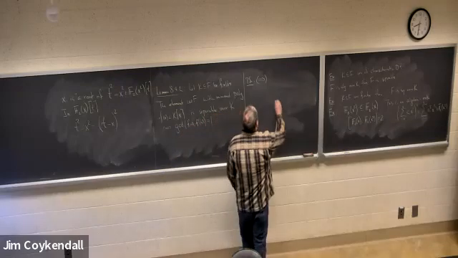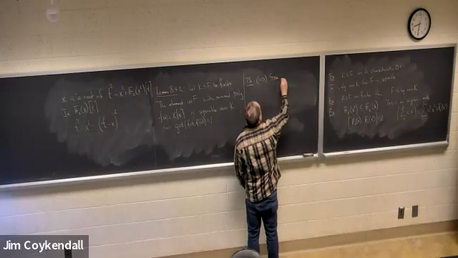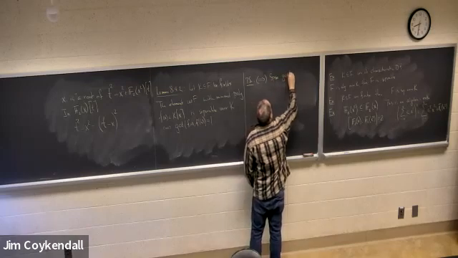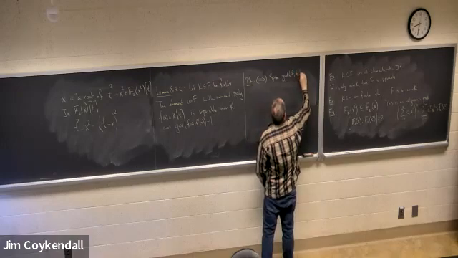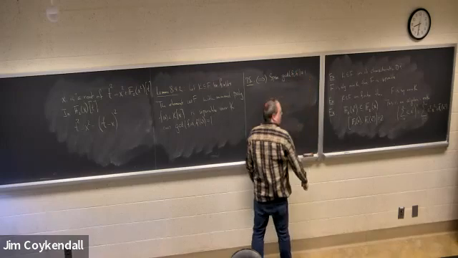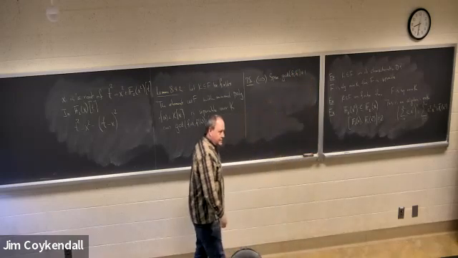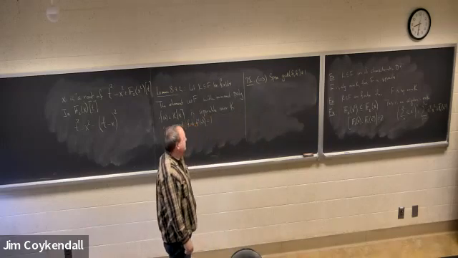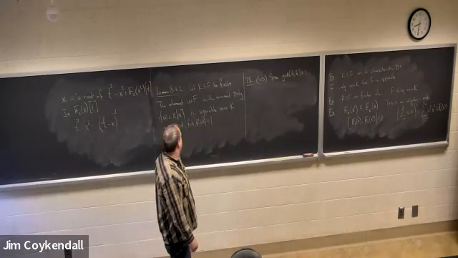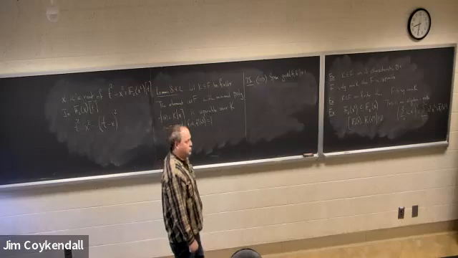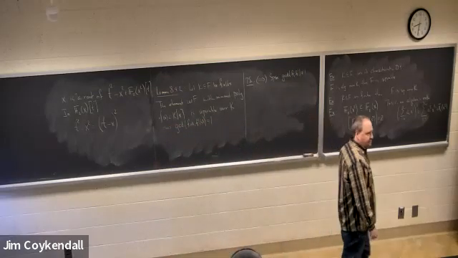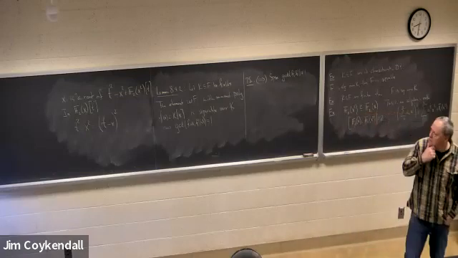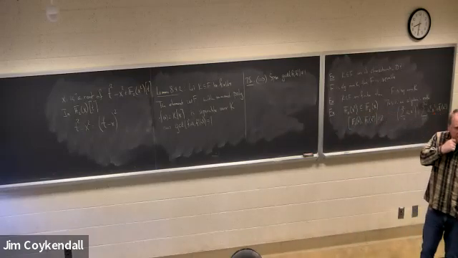Okay. Suppose the GCD of f and f prime is not equal to 1. So what do we know about this?